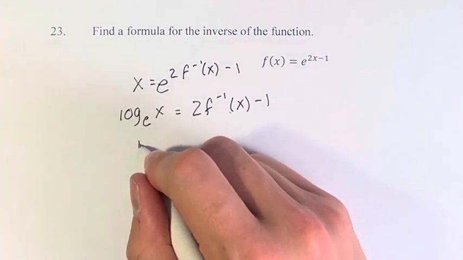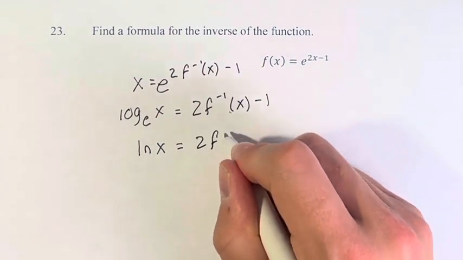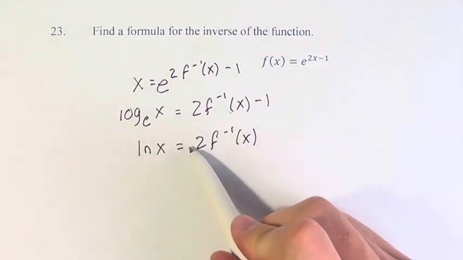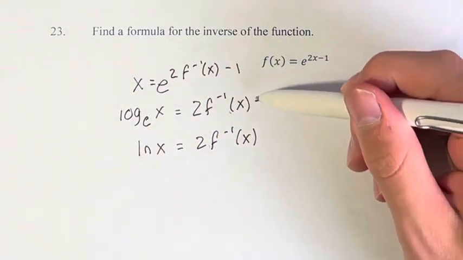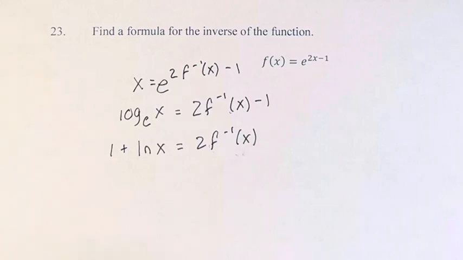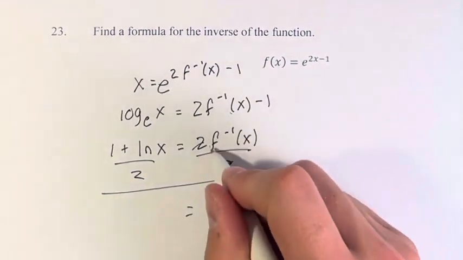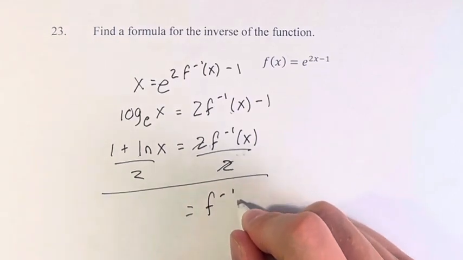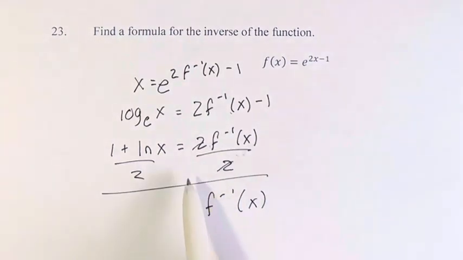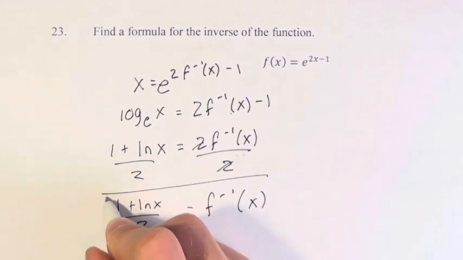Log base e is the natural log of x is equal to 2 times the inverse function. And if we add 1 to both sides, that goes over there. And we can divide by 2 to get the inverse function all on its own. We can see that it equals 1 plus the natural logarithm of x over 2.